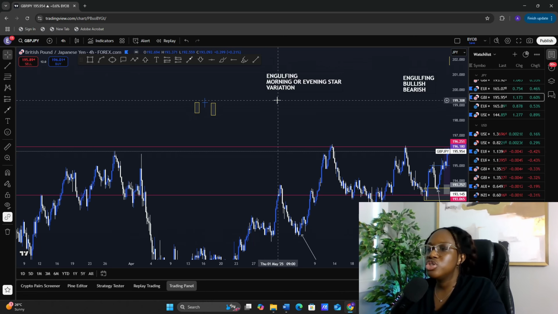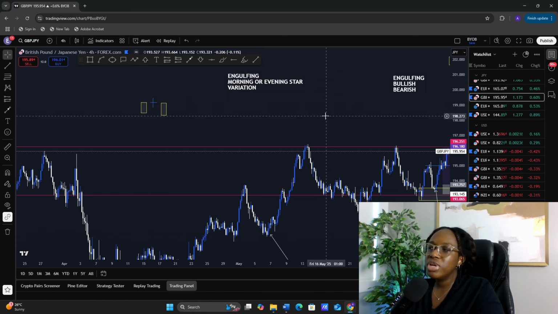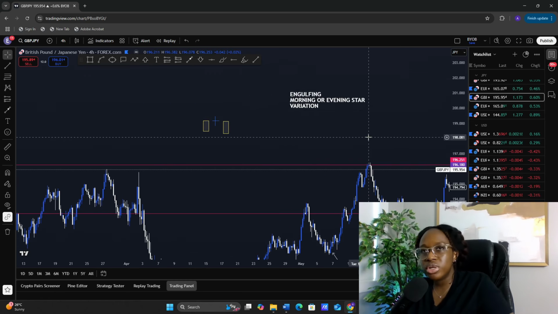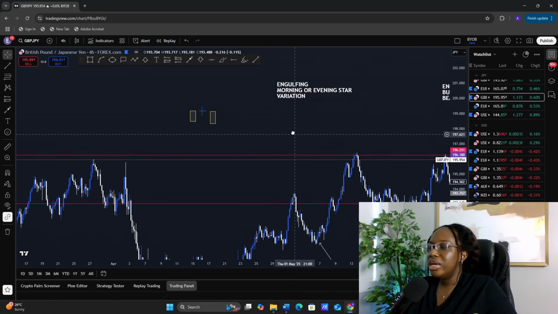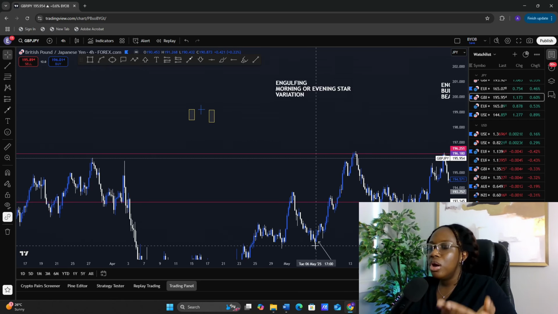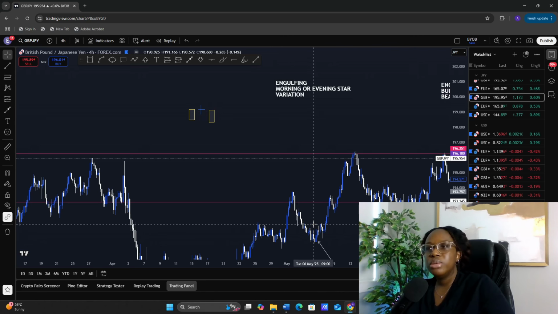That's where variations come into play. With variations, it includes more than two candles. It could include three or four. If you're going to buy, you would have one bearish candle followed by maybe three or two smaller bullish candles engulfing the one bearish candle.